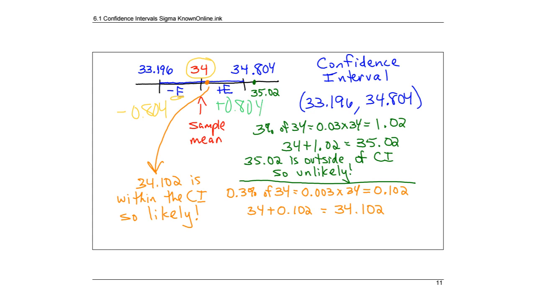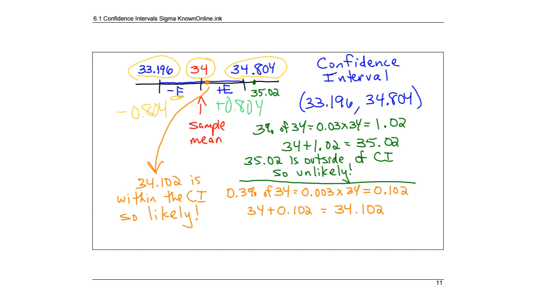So now I know my confidence interval, right? I'm going to go from 33.196 all the way up to 34.804. And so I am 95% confident that my population mean is going to lie somewhere between 33.196 and 34.804.